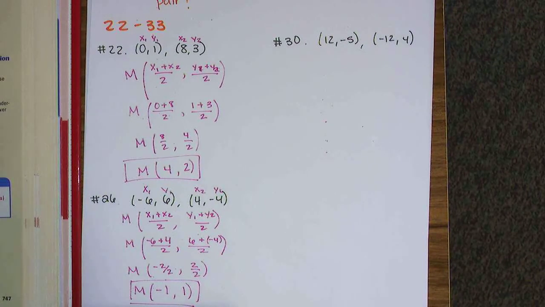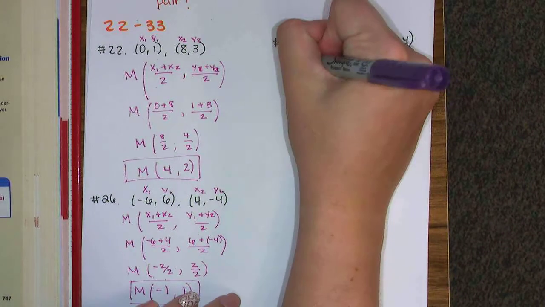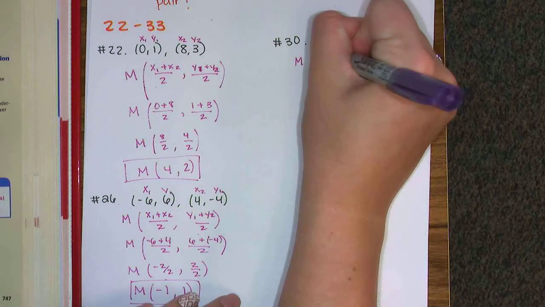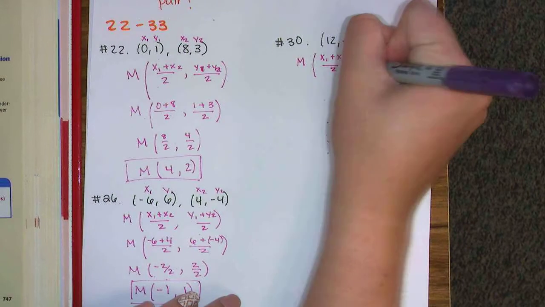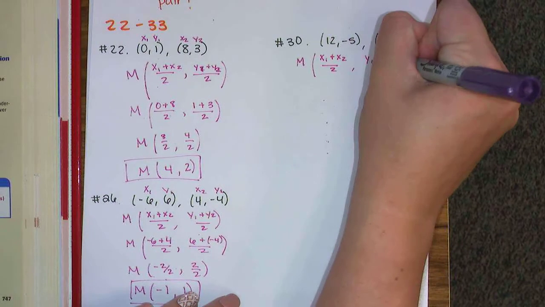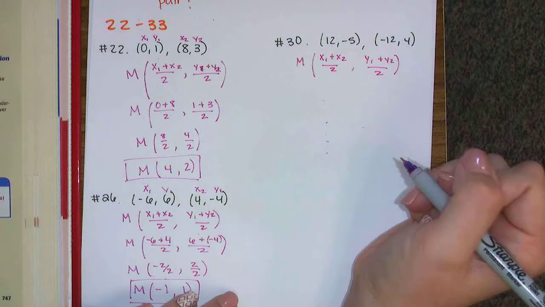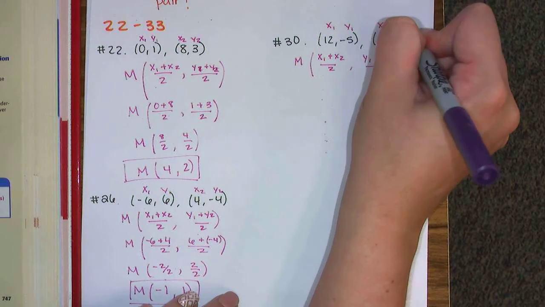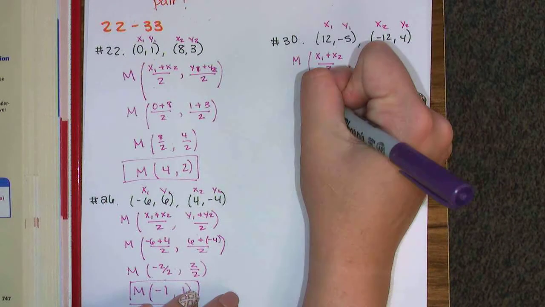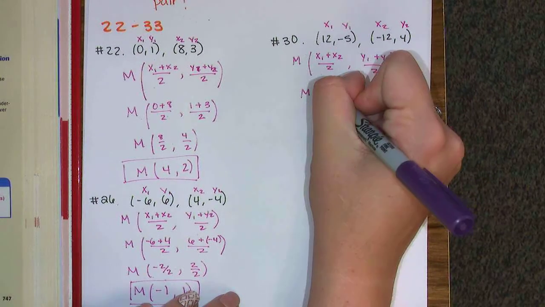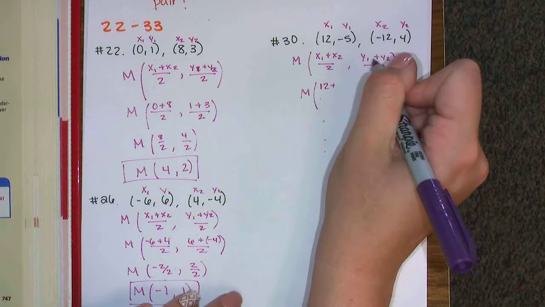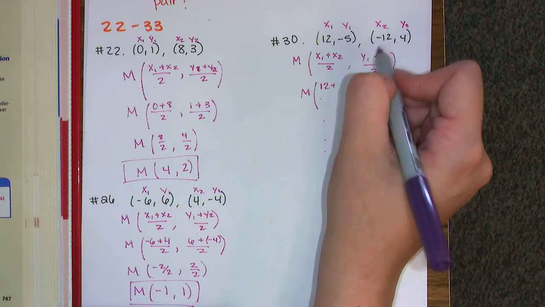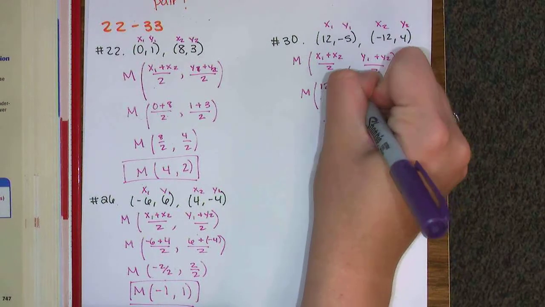So, write the formula: M of x1 plus x2 over 2, y1 plus y2 over 2. x1 is 12 plus x2 is negative 12 over 2.